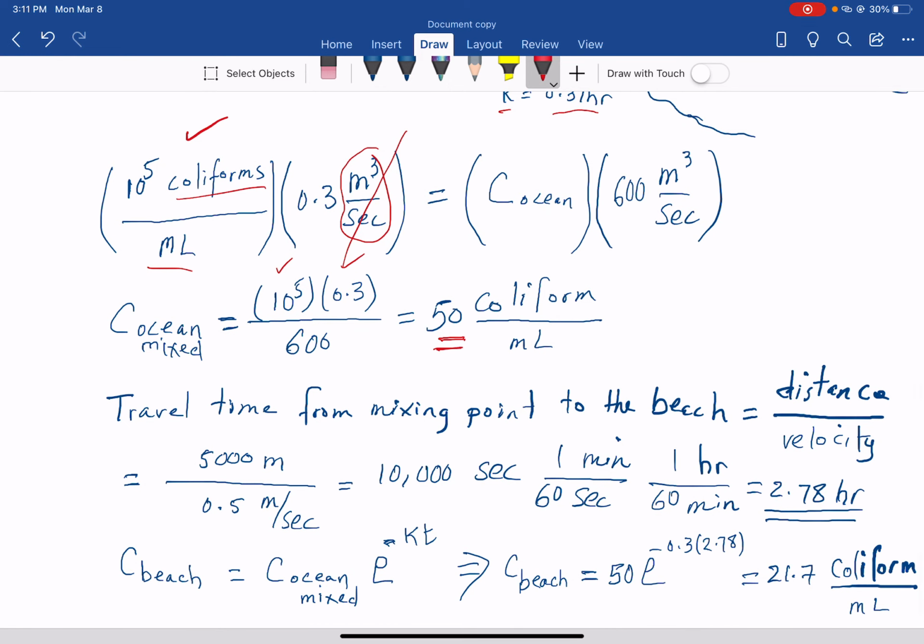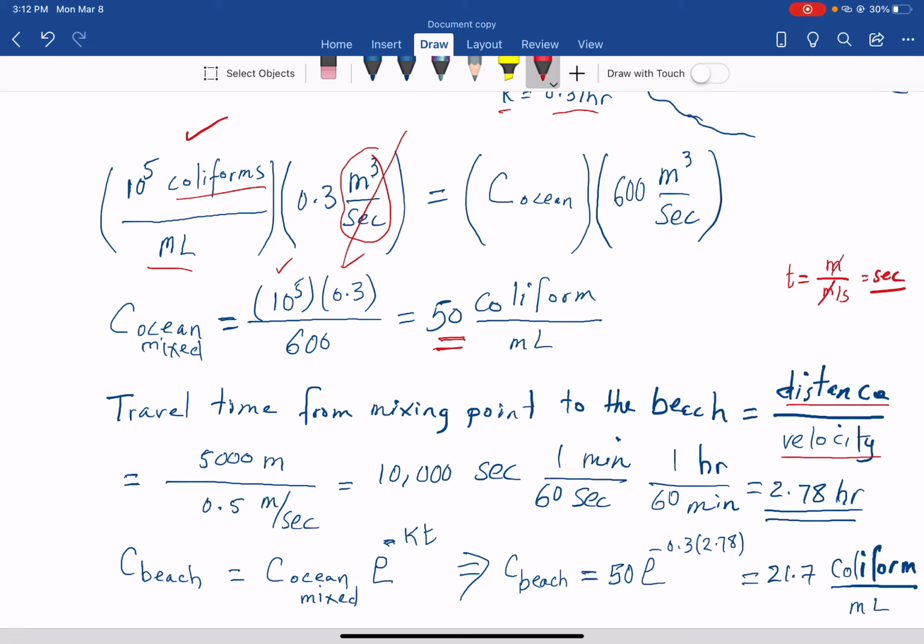First of all, we have to find out the travel time for mixing, from the mixing point to the beach. The time is equal to distance over velocity. Remember, distance is in meters and velocity is in meters per second, so meter over meter per second leaves seconds at the top.